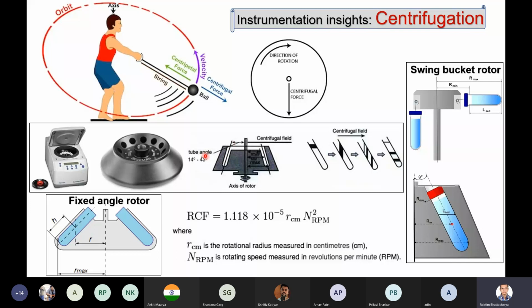But the sugar particles have a different density and the water has a different density. So when they are rotated at high speed, the sugar particles will pellet down in the lower part of the tube, and the water will remain in the upper part of the tube.